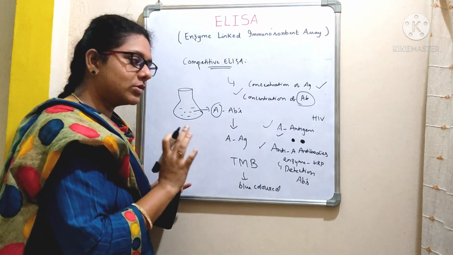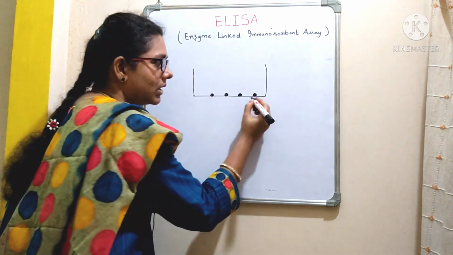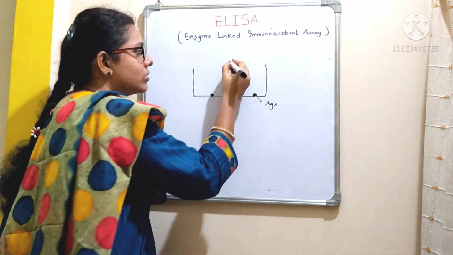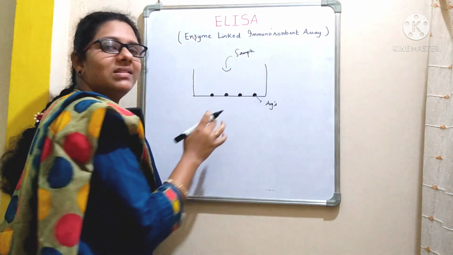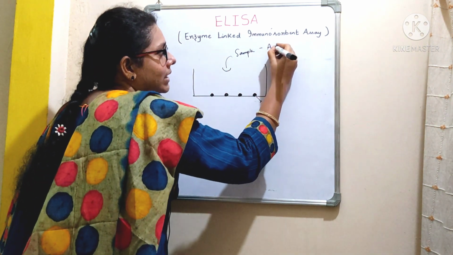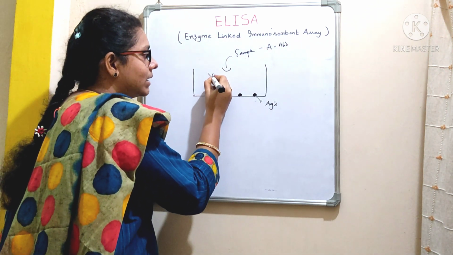Now, this is the well, and these are antigens. What you are supposed to do is add a sample. What is this sample? Sera of a patient containing A antibodies. Now you have added antibodies.